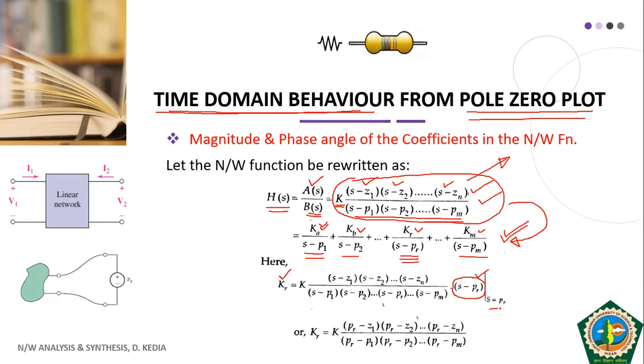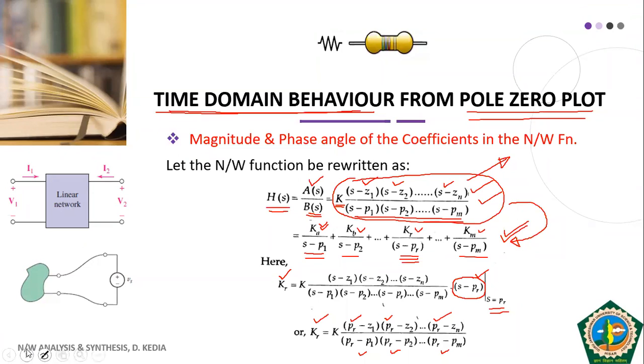If we do that, wherever we have s, we will have pr. So we have pr minus z1, pr minus z2 up to pr minus zn, and in the denominator, we have pr minus p1, then pr minus p2, up to pr minus pm. If we solve this, we will be able to obtain kr.